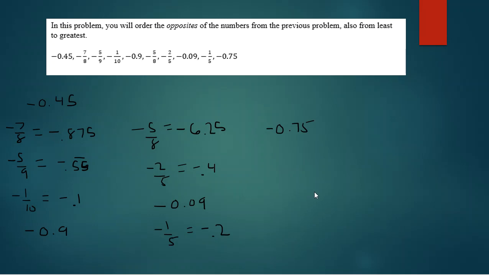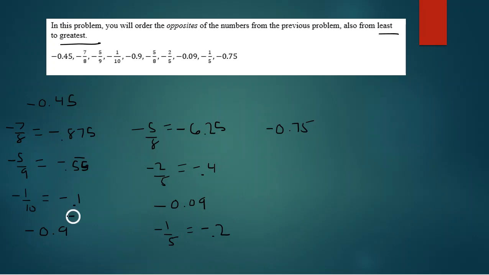Okay, so now on these, if we are ordering them from the least to the greatest, the very smallest is actually going to be our very biggest number, but because we're talking about negatives, it's of the very least value.